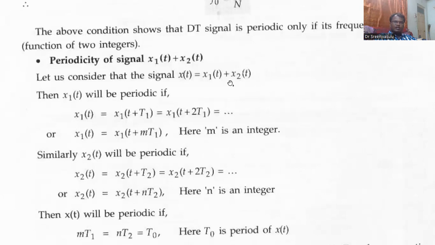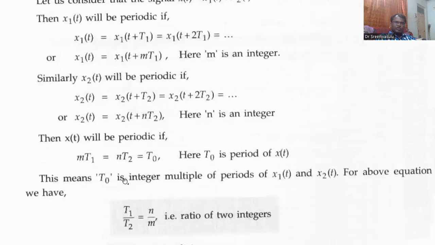Second, check whether x2 of t is periodic and find its period. If both signals are periodic, calculate the ratio T1 by T2.